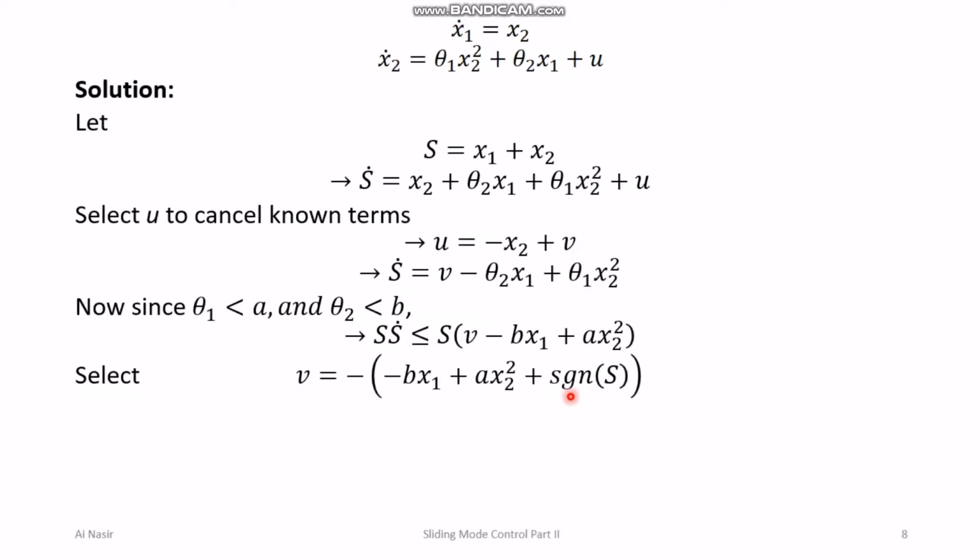Alright, so actually the sine of s will be multiplied with this and this term as well. So there is a slight typo here, because this will be multiplied by sine of s, this will be multiplied with sine of s, and the expression for v will be minus bx1 plus ax2 square plus 1, whole multiplied by sine of s.